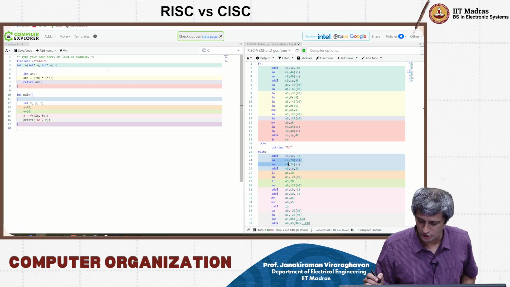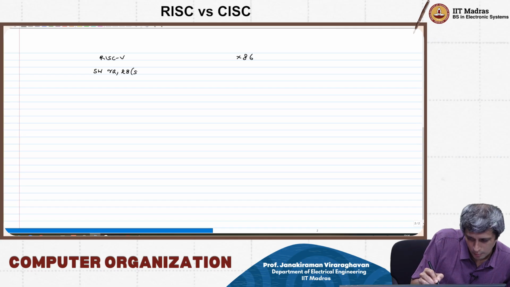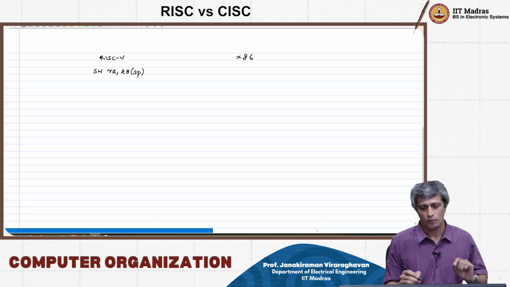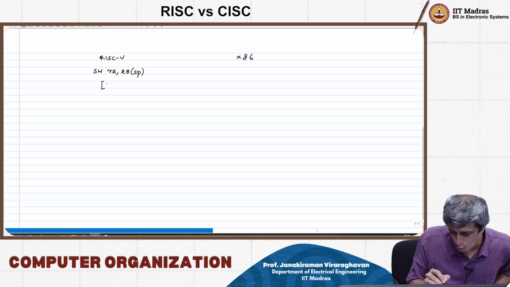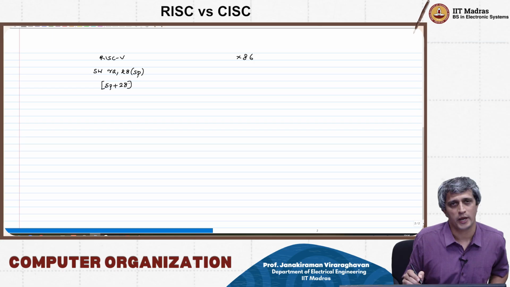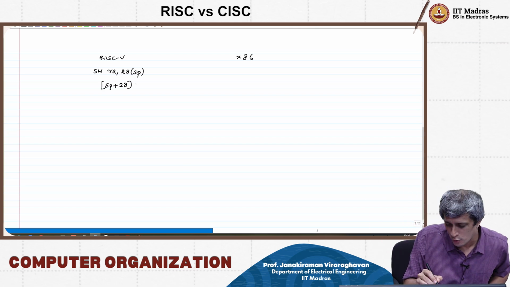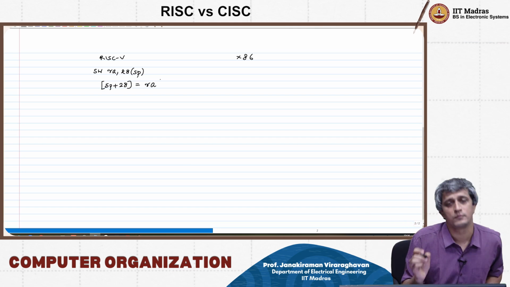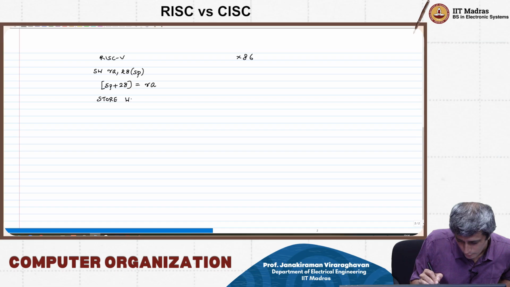If you look at the SW instruction here, it is sw ra, 28(sp). What is this basically doing? It is computing sp plus 28, and putting into that memory location the value of the register ra. This is called a store word.